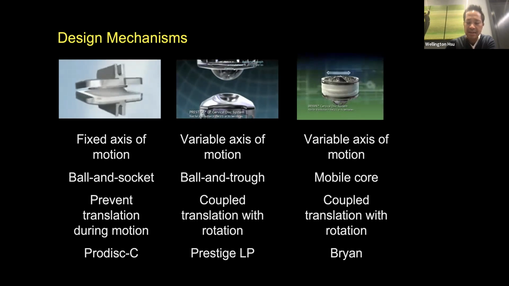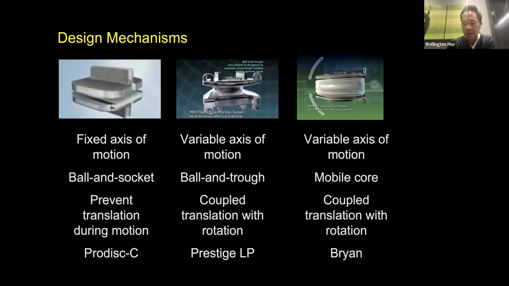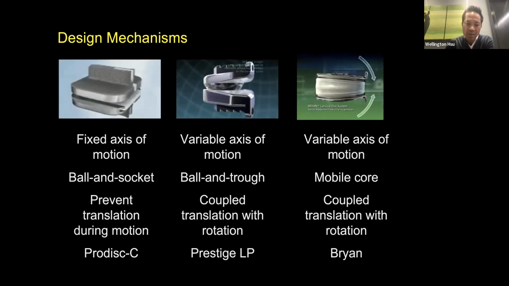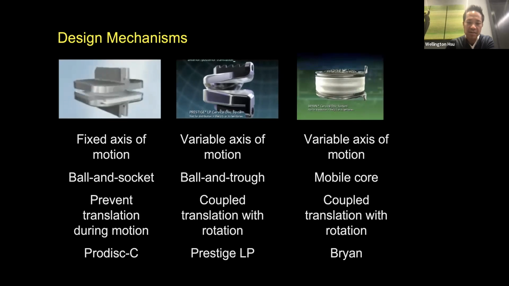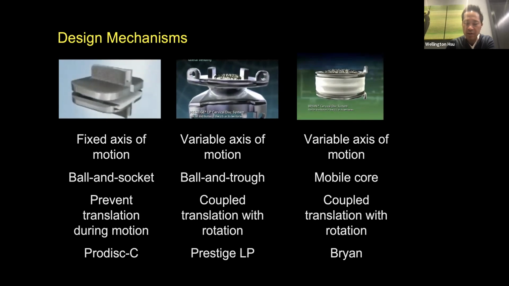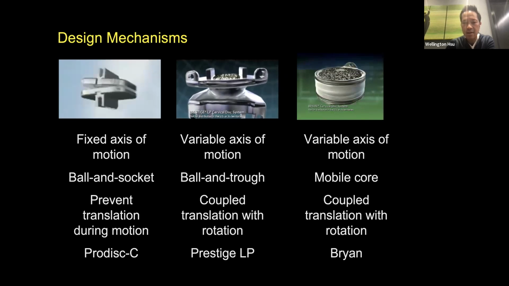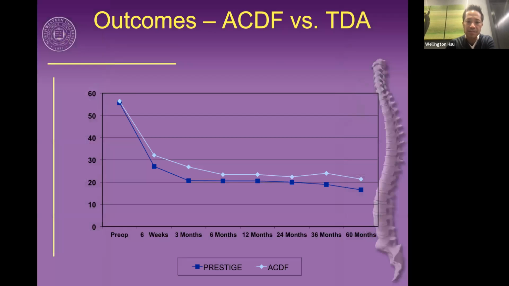There are 7 cervical disc arthroplasty devices on the market. Again, in our practice we do like 1 or 2 a year, mainly because we as a group do not believe that there is a significant or revolutionary benefit when we use these devices compared to fusion. That being said, a fusion is not a perfect procedure.